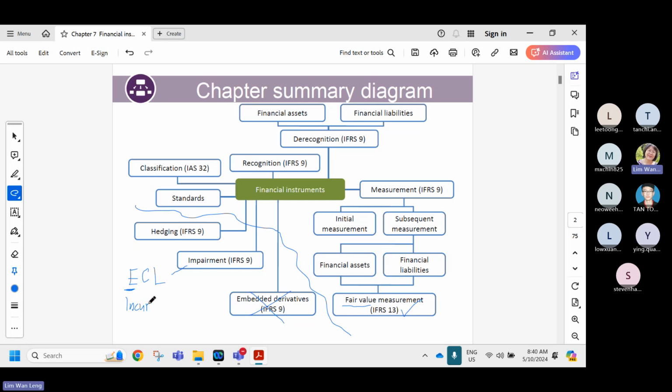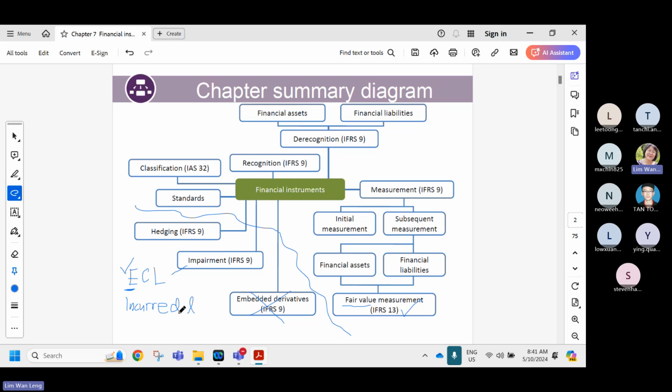When they were updating the standard, they said incurred losses is no good. Why? Because it looks at the past. Only when the losses or the impairment took place already, only then you book them. They said this is not good enough. So right now we are supposed to be following the expected credit losses model.